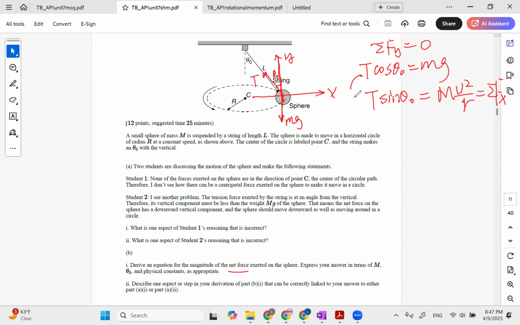So from here, you can find T: mg over cosine theta O. You plug in, so you get mg tangent theta O equals net force x. So 2i, you can explain it, right?